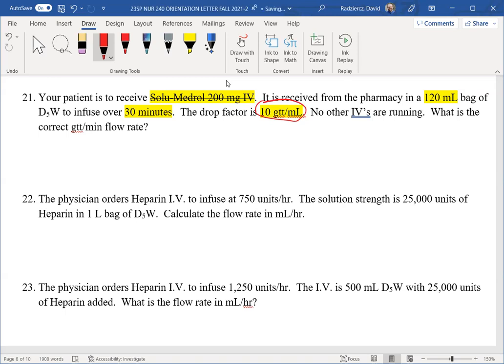It gives you a volume of 120 milliliters over 30 minutes. It also tells you it's Solu-Medrol 200 milligrams. Many students try to incorporate the 200 milligrams into their equation, but you don't need that information. That doesn't help you answer the question. The reason being is that it just tells you the strength of the IV, but the question is, how fast is the IV infusing? If we wanted to know more than that, then we would need to ask that question, but we don't. We just want to know the infusion.